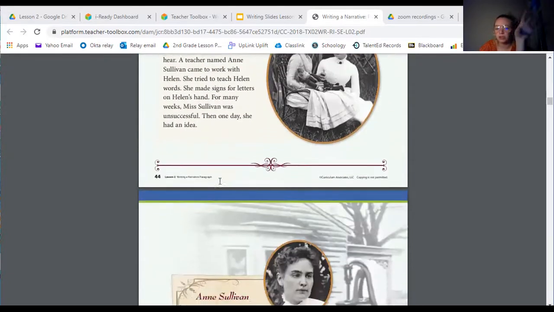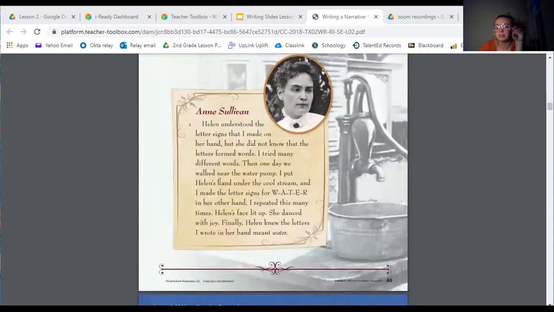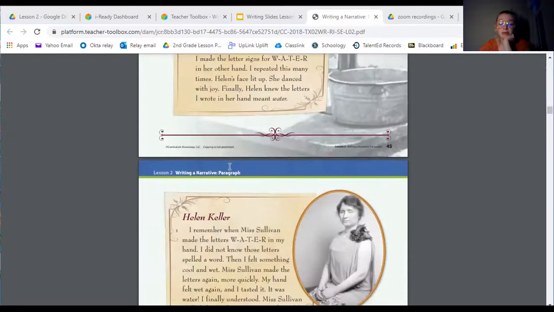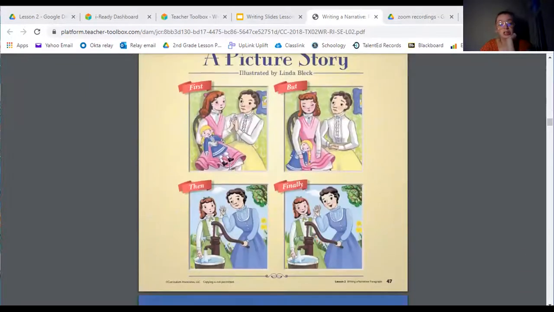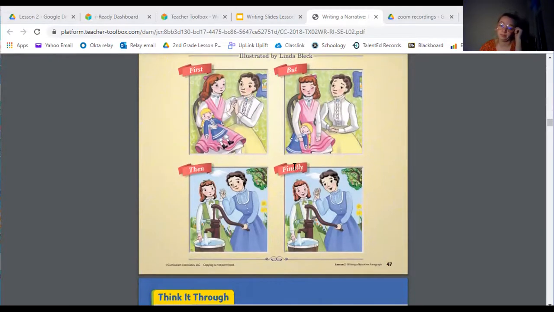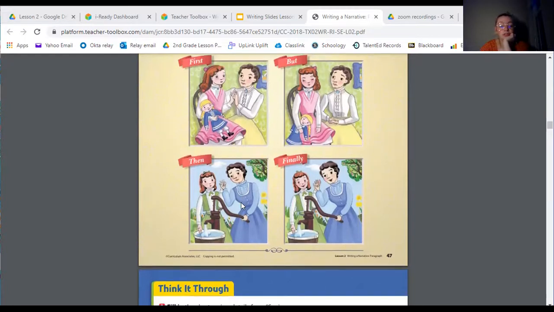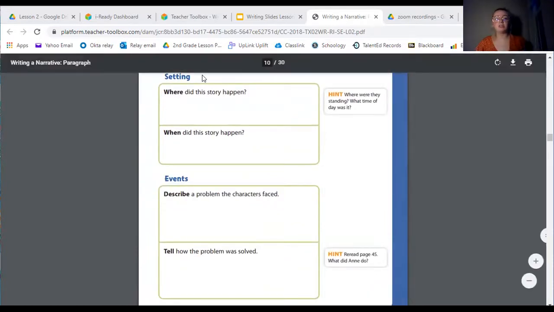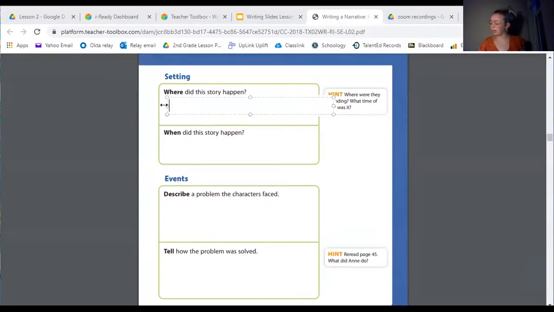And where did the most of the story take place? I remember this water pump being a really big deal for Helen because that was the first time she understood that letters formed words. Okay, and even in this second text, they're at the water pump too. So I think for where did this story happen, I'm going to write Alabama.